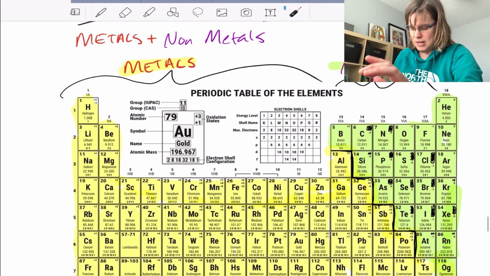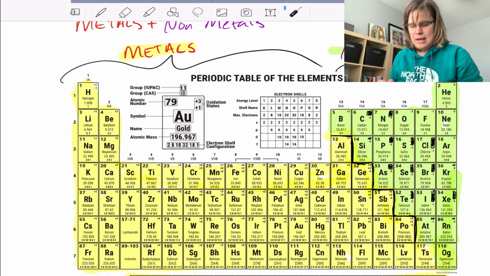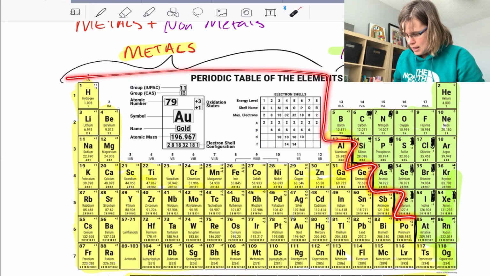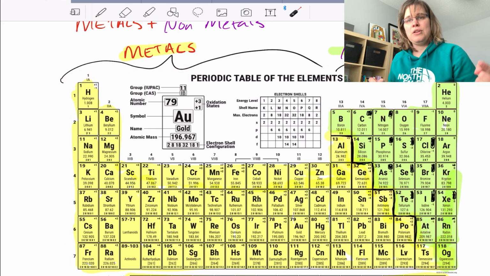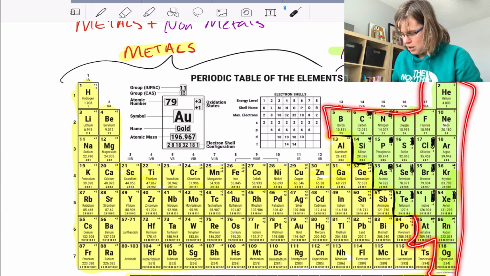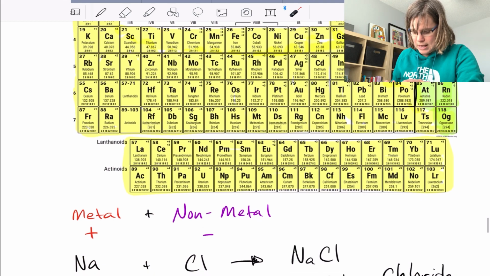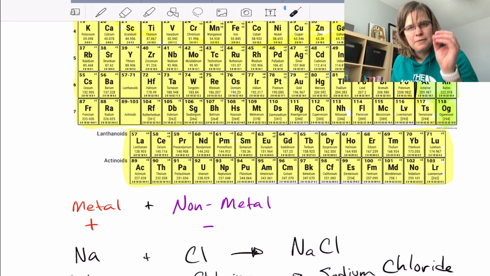The first thing I have here is a periodic table, and you have to know that metals are on the left-hand side. All of these right here are metals, and non-metals are on the right-hand side. Something super important to know is that metals always have a positive charge, called a cation.